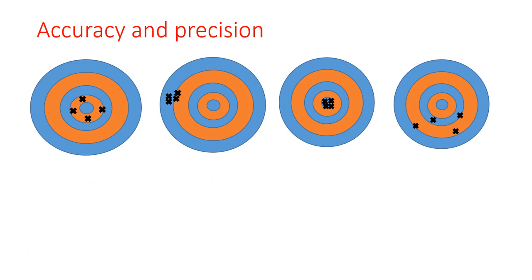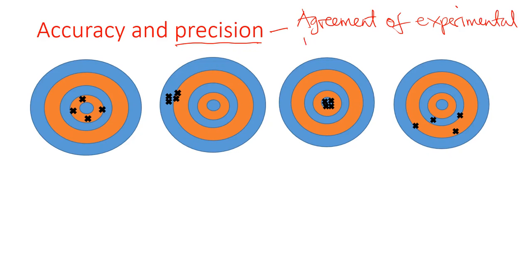Now, what about precision? Precision is just the agreement of experimental or measurement results.